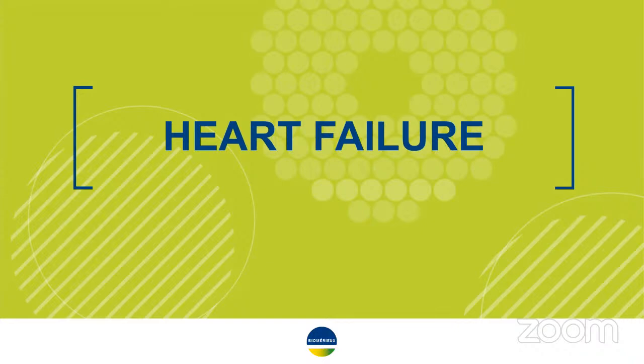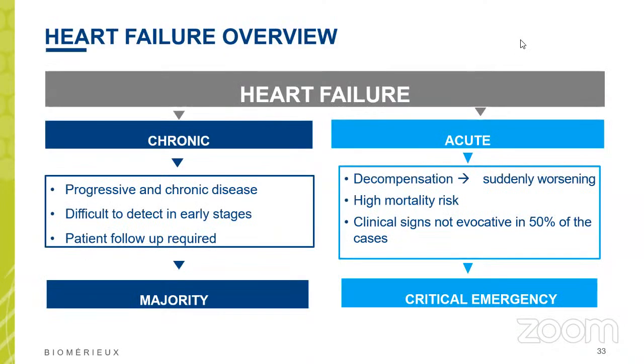Okay, and now we're in heart failure. So heart failure is usually classified into chronic and acute. We're mainly going to talk about acute today because that's the one that presents as an emergency. Chronic heart failure is usually something that patients actually live with. They're on management. It's progressive. In the early stages, not easy to detect, but patients who are picked in good time are usually on treatment.